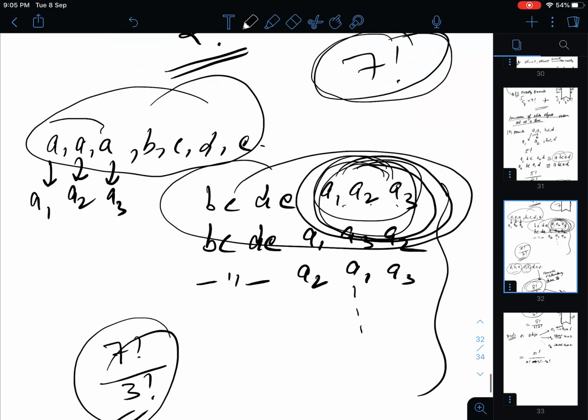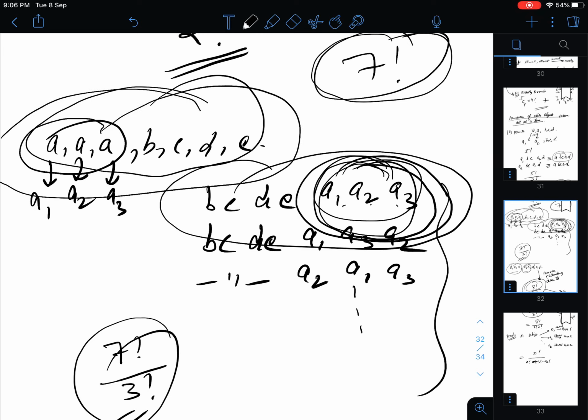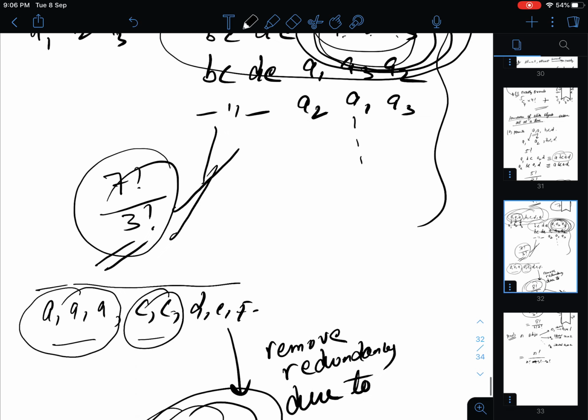If you assume that these three A's are distinct, then in this example, for every arrangement of these 7 letters, there will be 3 factorial arrangements in which these 3 A's permute amongst themselves. But from the point of view of A, they are actually the same thing, because they are identical A's. So we divide by 3 factorial. So we have 7 factorial by 3 factorial in this case.